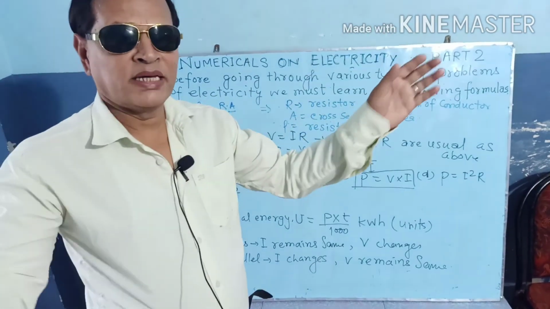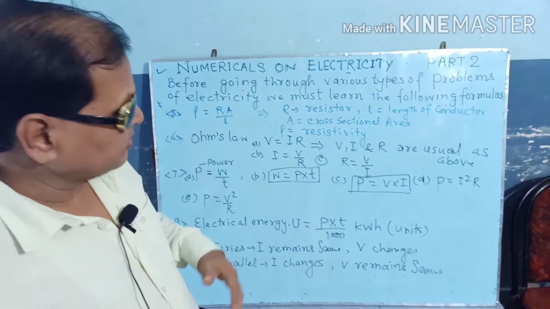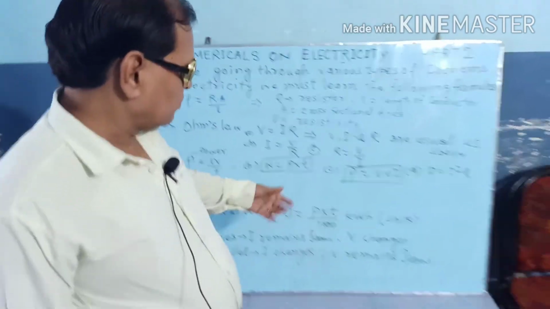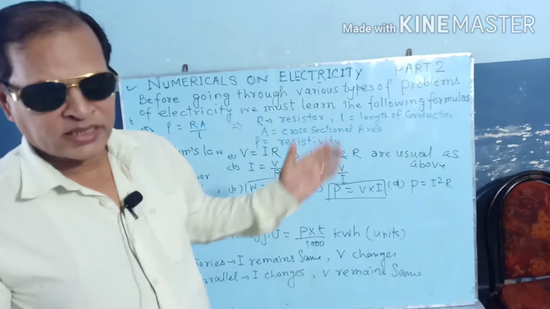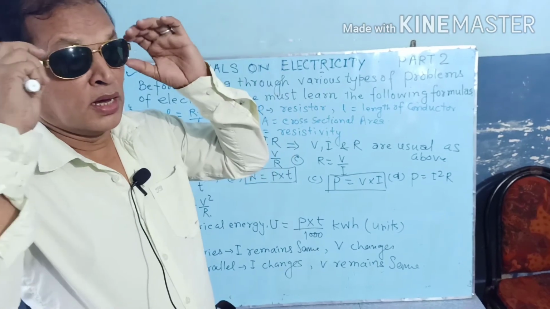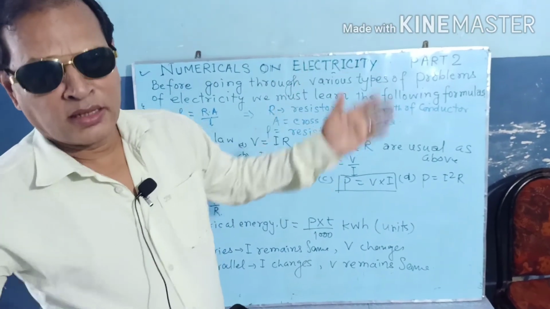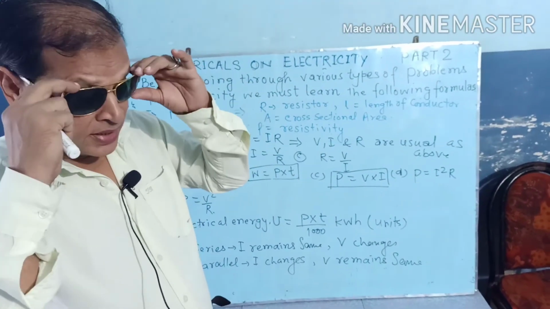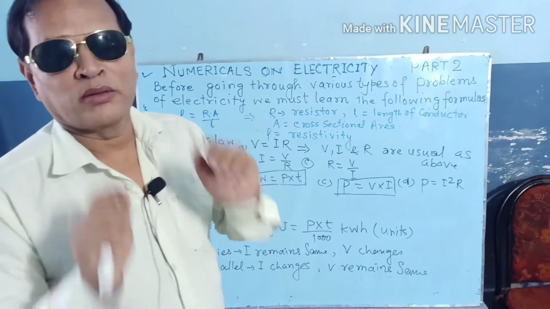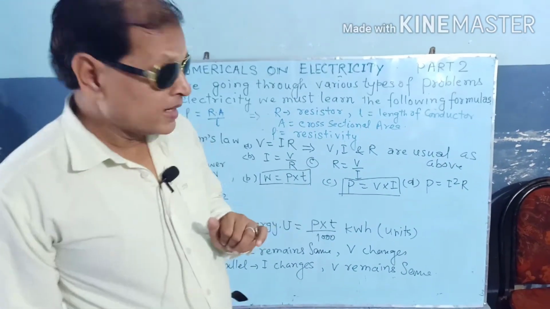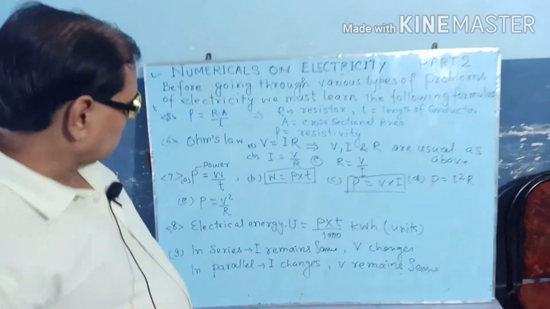When a number of electrical devices are being used in a house, तो डोमेस्टिक हाउस में कितना कंजम्पशन होता है इलेक्ट्रिकल एनर्जी का, you will find from this formula. Calculate the total power in watt and how much time you are utilizing those electrical devices. उस डिवाइस को आप कितने देर इस्तेमाल कर रहे हैं, तो टोटल पावर को जोड़ लीजिए, कितना घंटा आपका utilize हुआ दिन भर में per day, उसको मल्टीप्लाई कर दीजिए और 1000 से डिवाइड कर दीजिए. क्यों? वाट को किलोवाट में बदलने के लिए 1000 से डिवाइड करनी है. Then you will get in terms of unit, kilowatt hour, the energy consumed in your house.